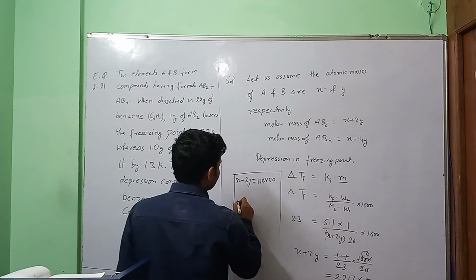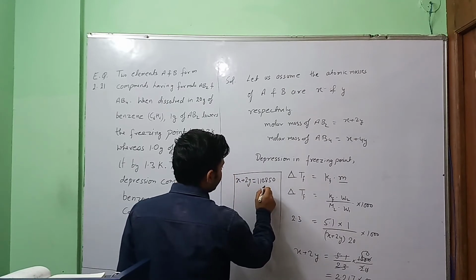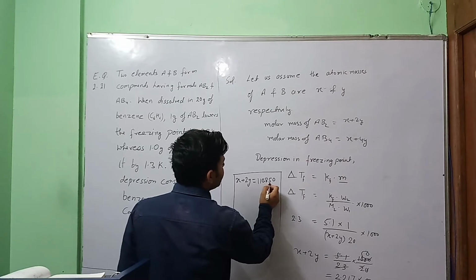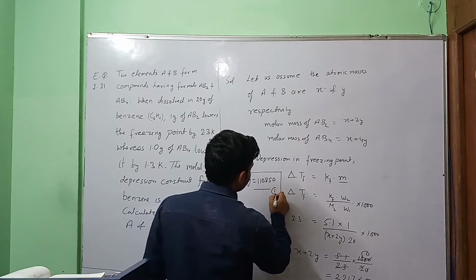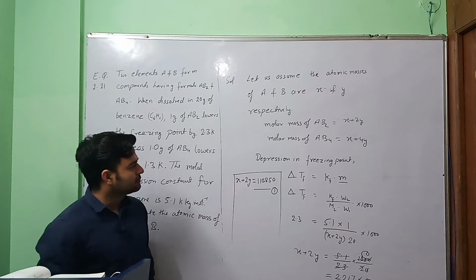So we are getting X plus 2Y equal to 110.850. This will become equation number 1.